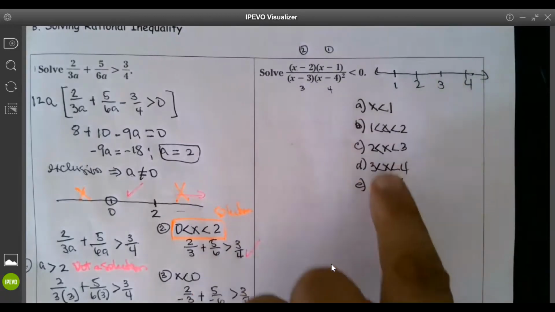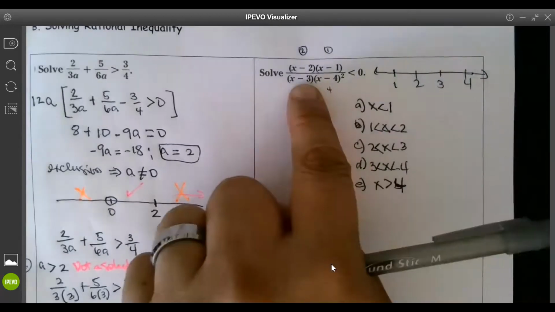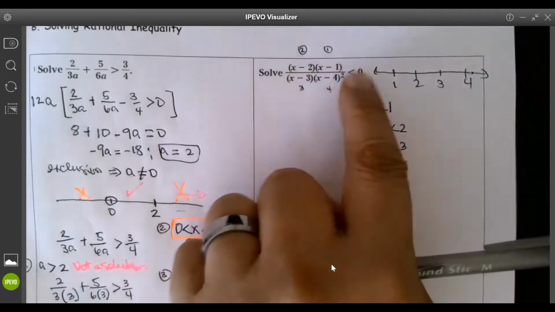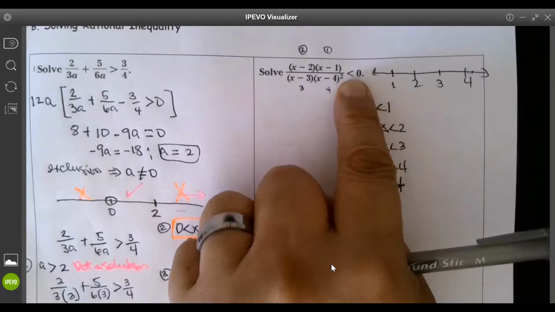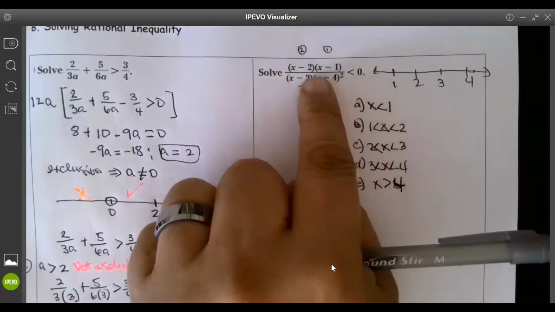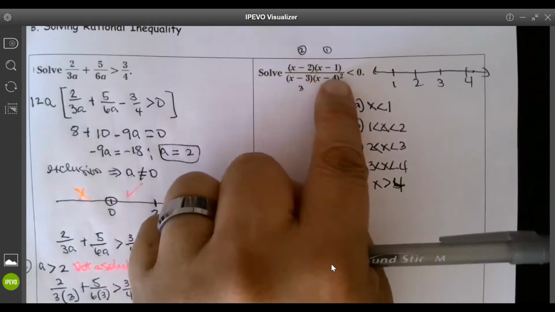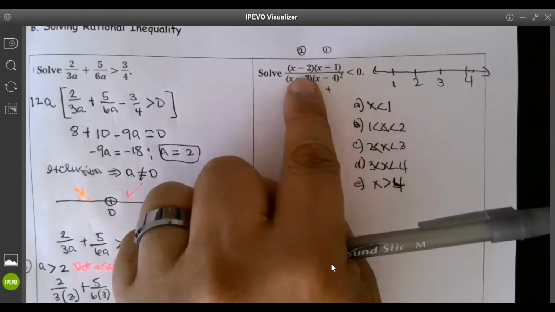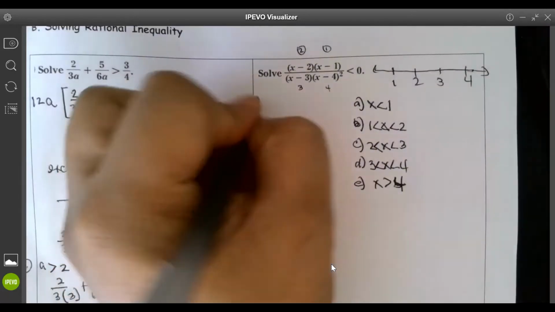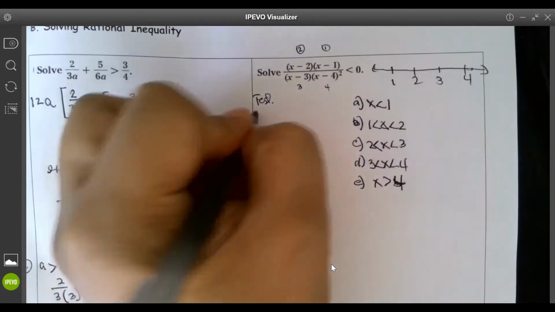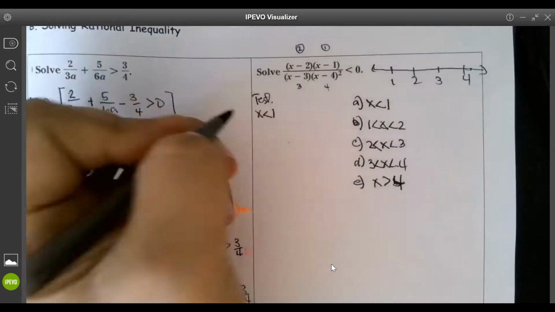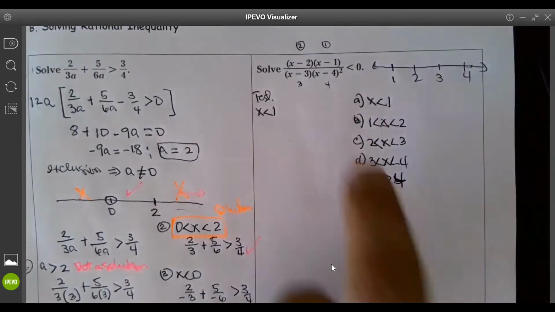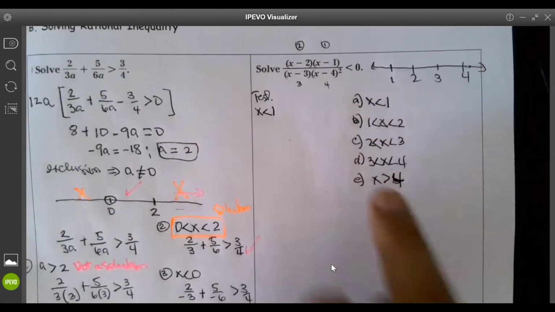So you test each of these by plugging in numbers. If it is less than 0, then the left side must be negative. Let's test the first one, if x is less than 1. Then we're going to decide if this is a solution or not, and the rest will be yours to do.